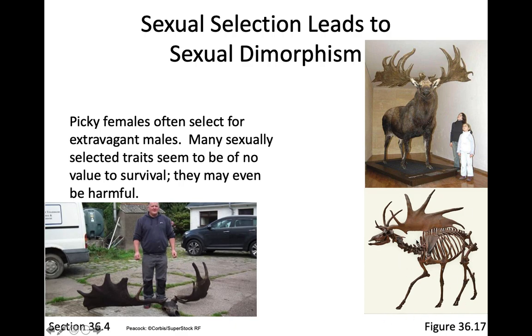It took so much energy to make these giant antlers that the organism didn't have enough energy to keep itself healthy. So the males started to die off, the females started to have weak offspring from these weak males, and the entire species collapsed and went extinct because of uncontrolled sexual selection.